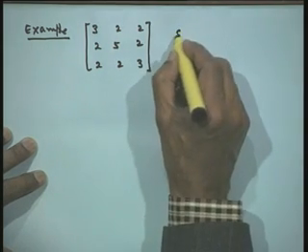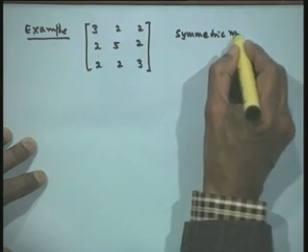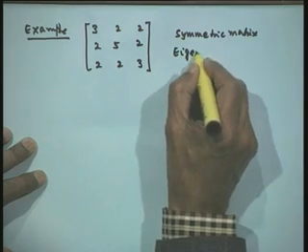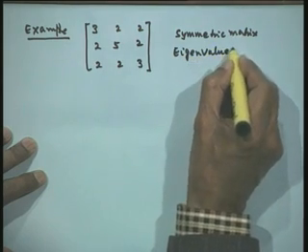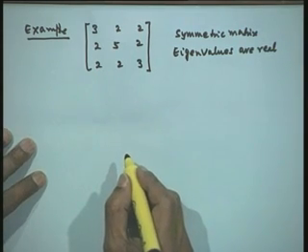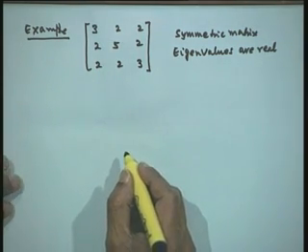Now, this is a symmetric matrix. Therefore, eigenvalues are real. Therefore, it will no longer be circles, it will be only intervals.